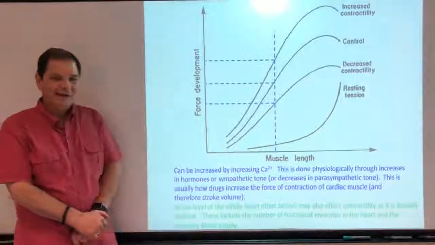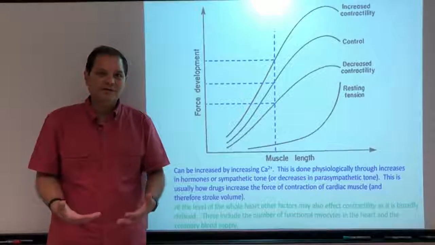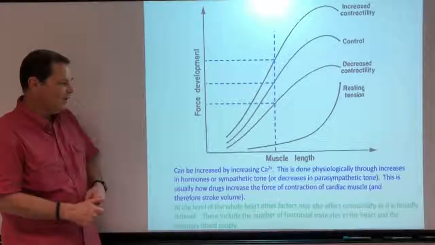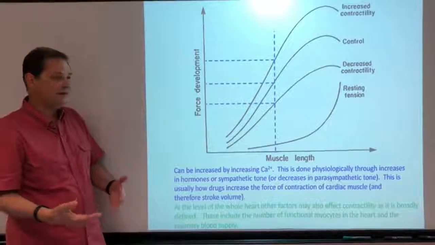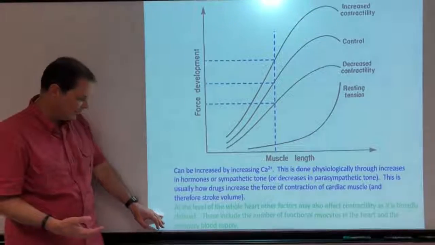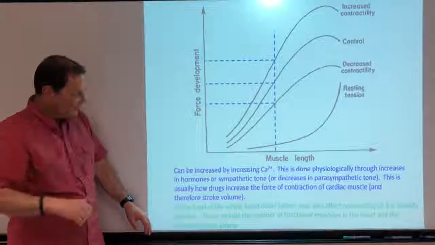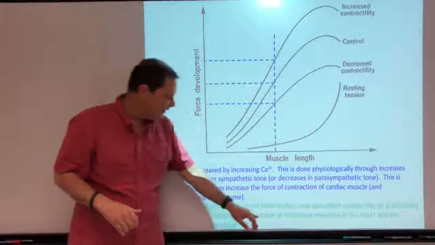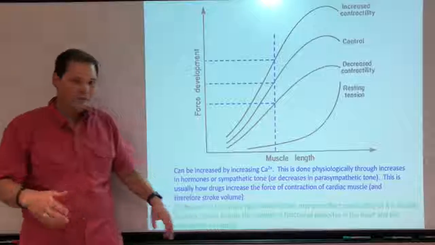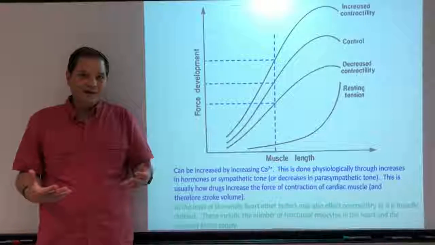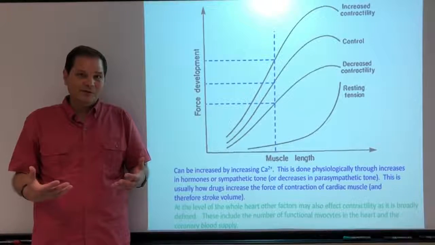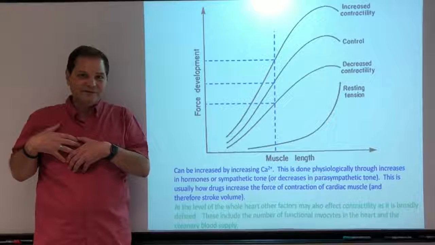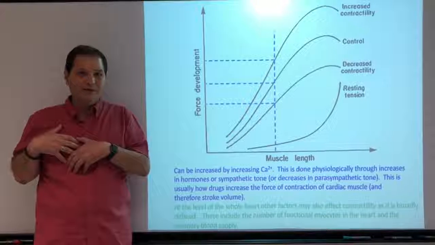Other factors can be characterized as an increase or decrease in contractility, or an increasing or decreasing inotropic state, which is another name for it. Okay. These include the number of functional myocytes. So if you have a heart and you have a blockage of a coronary artery, the myocytes that are supplied by that coronary, not real functional.